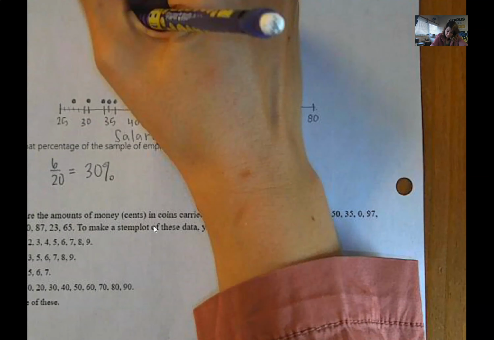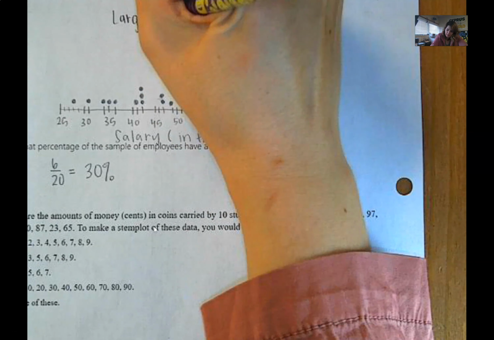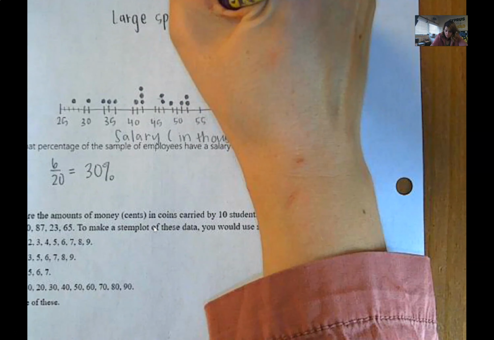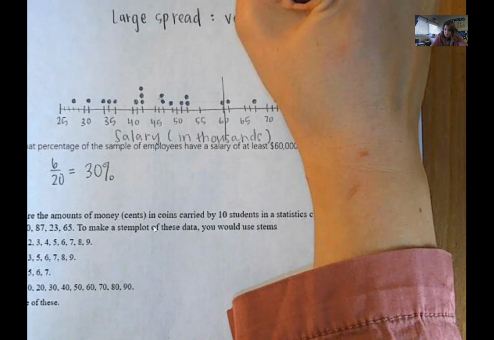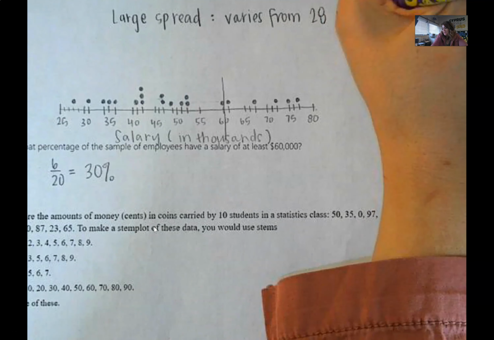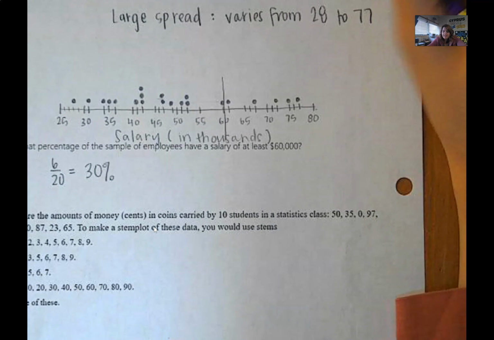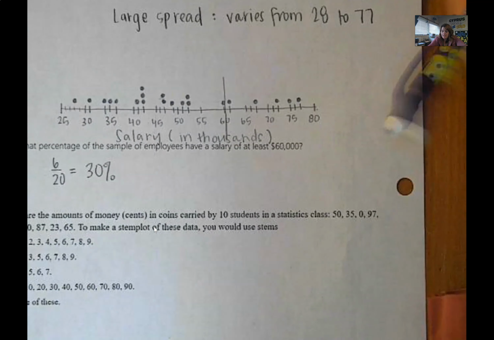So this graph has a large spread. So this data varies from 28 to 77. So that is a very large spread, especially for this data set.